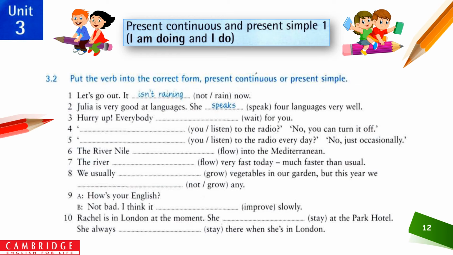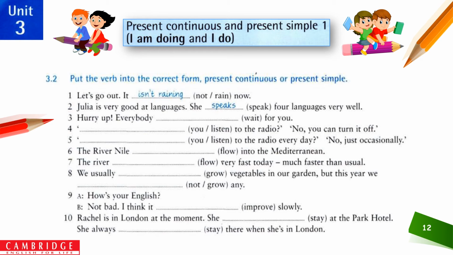For example, you see the first one, let's go out. It isn't raining now. Julia is very good at languages. She speaks 4 languages very well. The first sentence you can understand very clearly. Let's go out. It is not raining now. It's talking about at this moment, right now. So therefore we are writing present continuous tense.